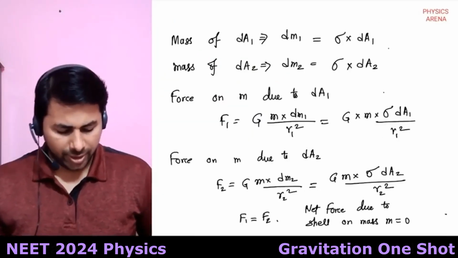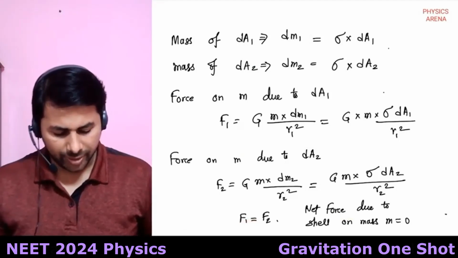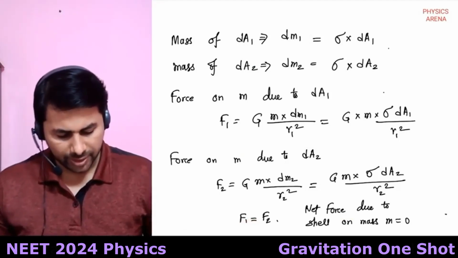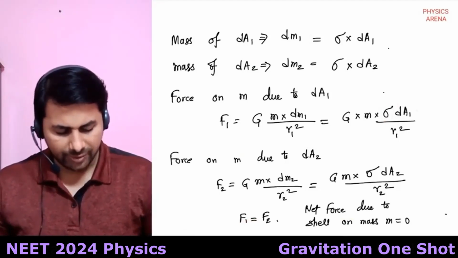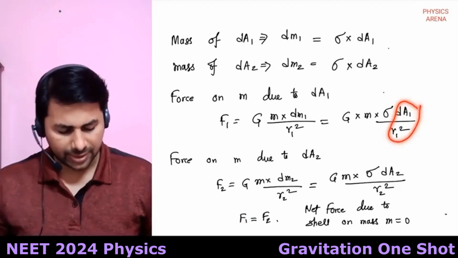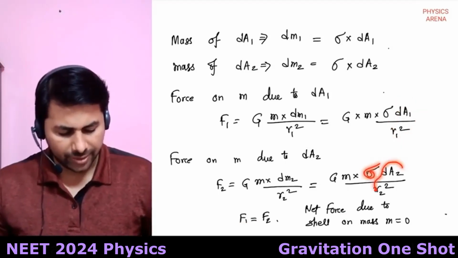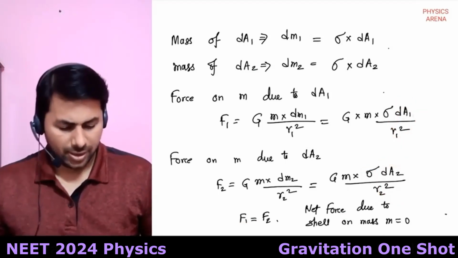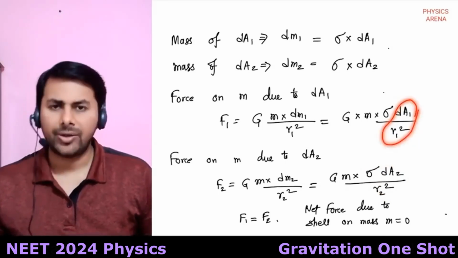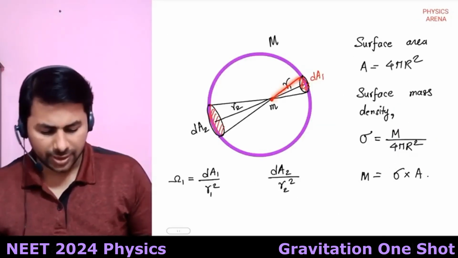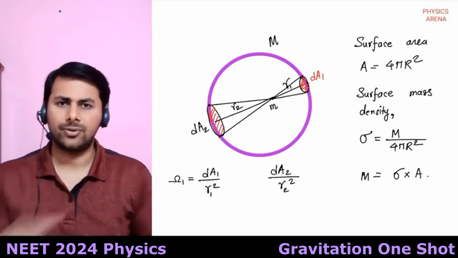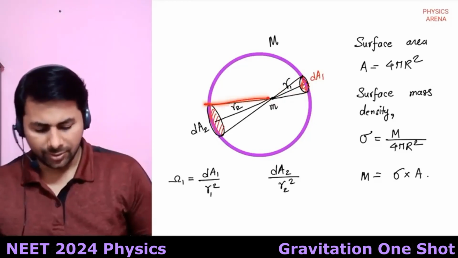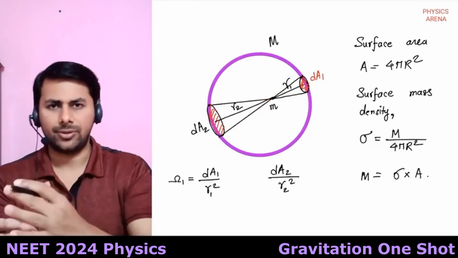Okay, so these two forces will be equal because this is equal to sigma times dA1 upon r1 squared, and this is equal to sigma times dA2 upon r2 squared, and dA1 upon r1 squared is this solid angle, this cone. dA2 upon r2 squared is this cone.